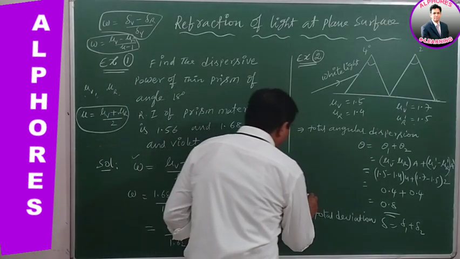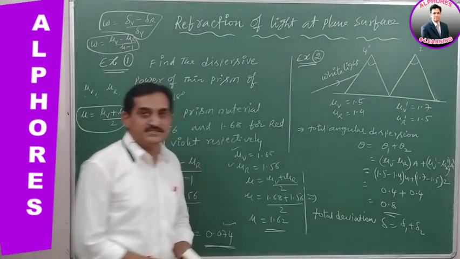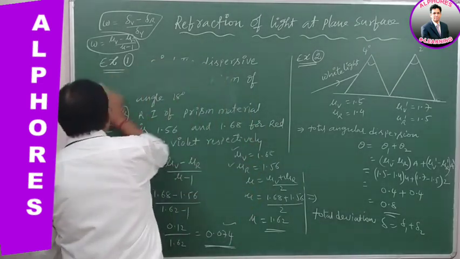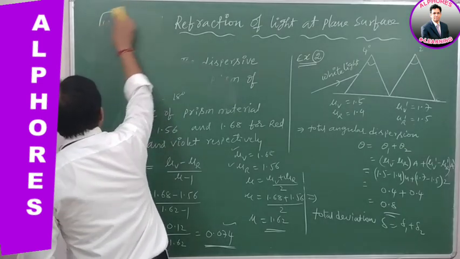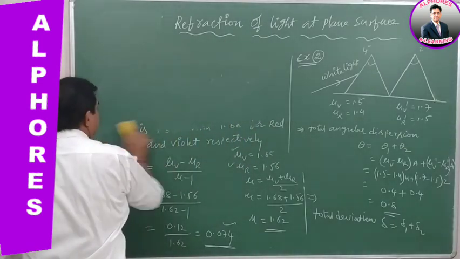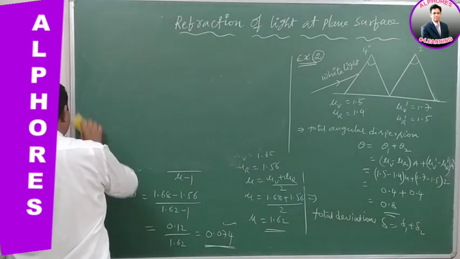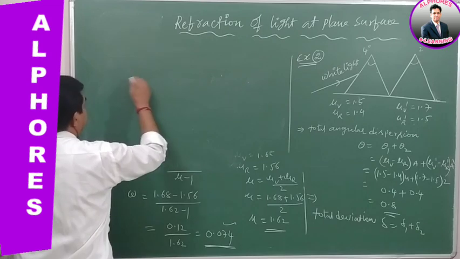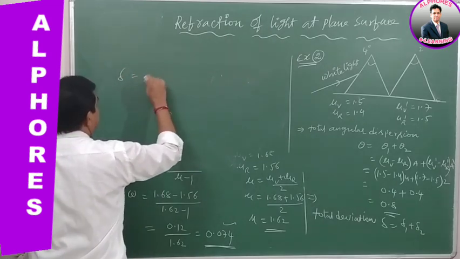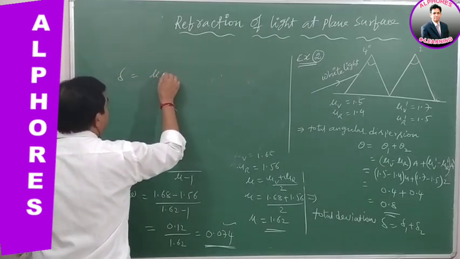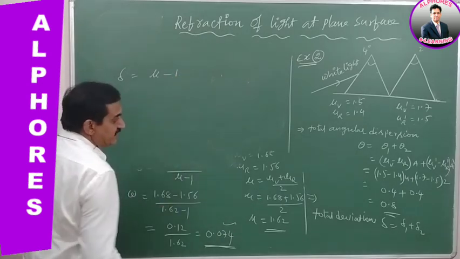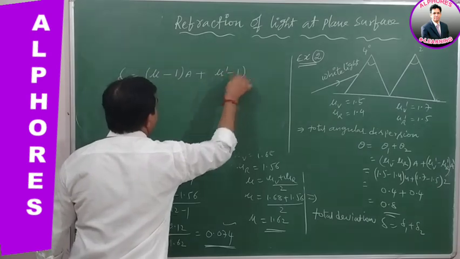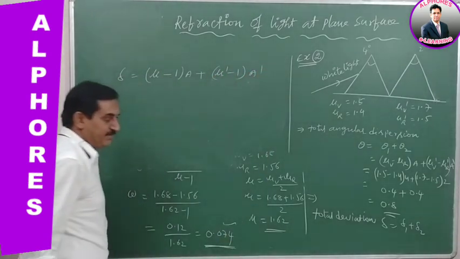The second question is, find the total deviation suffered by the light by these two prisms. For total deviation, the formula is: the deviation suffered by the first prism, delta is equal to (mu minus 1) into A plus (mu dash minus 1) into A dash. This is the formula, right?